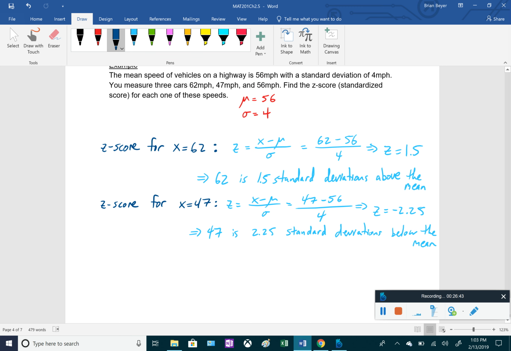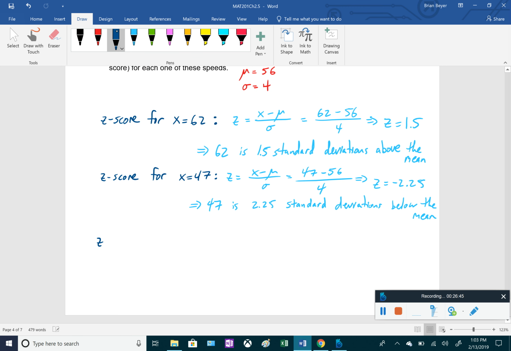And for that last one, it was 56. Before even calculating it, you should recognize that this is the same as the mean. Based on what was written at the top of this page, you should already know what's going to happen here. Calculating this z-score, we get x minus mu over sigma, so it's 56 minus 56 over 4. 56 minus 56 is 0, so the whole thing is just 0.